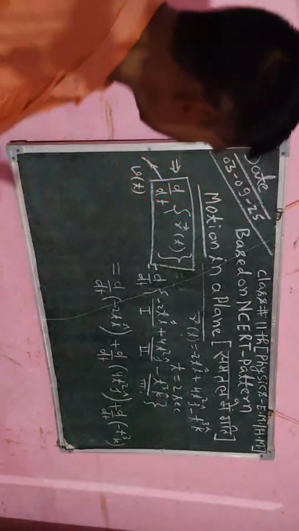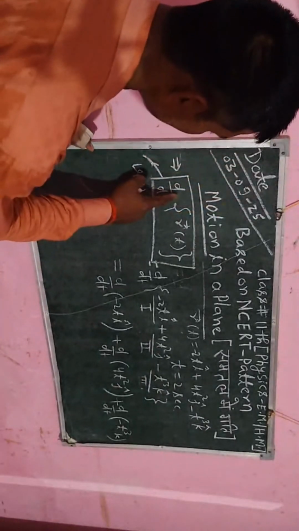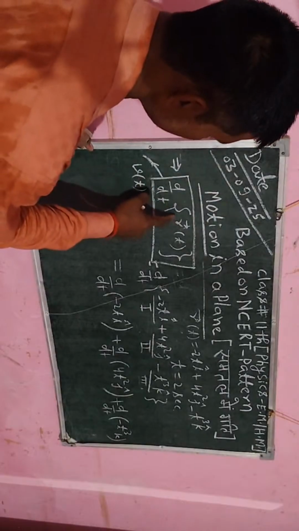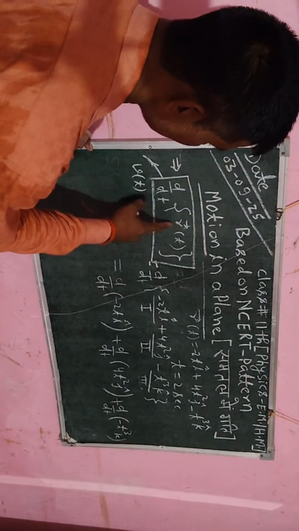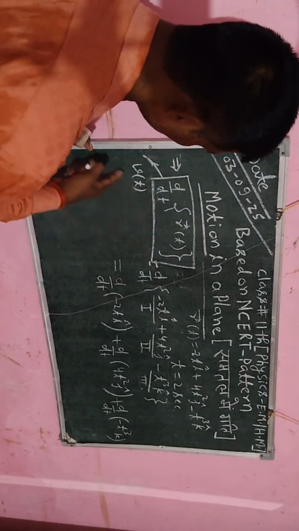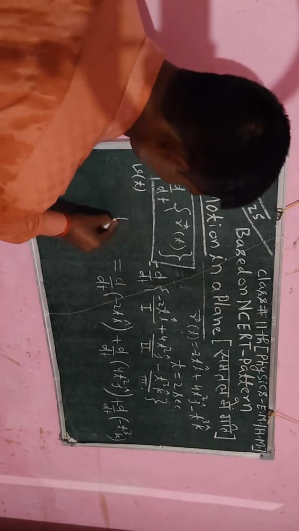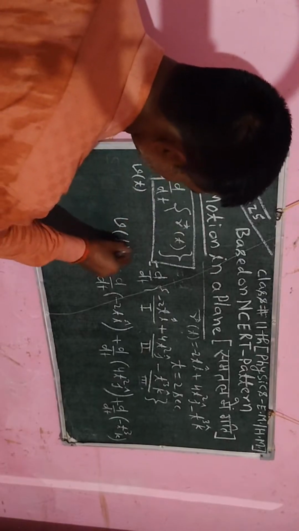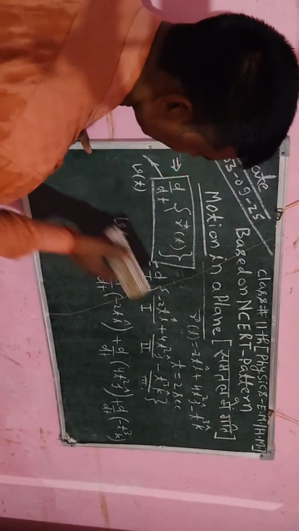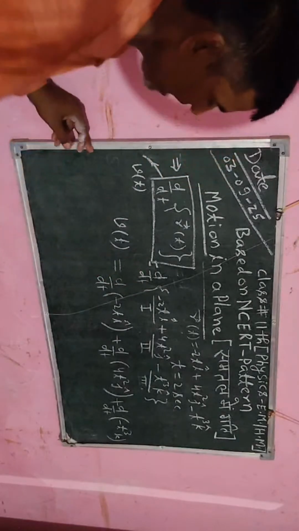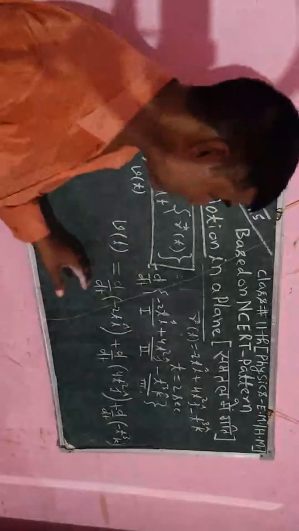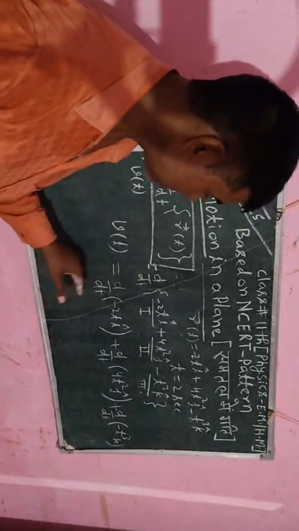Okay students, you concentrate here. Now already I have written d/dt, in the curly bracket I have written vector r(t). So here I write properly d/dt. Okay, above data I will erase, and after erasing I will write the solution.